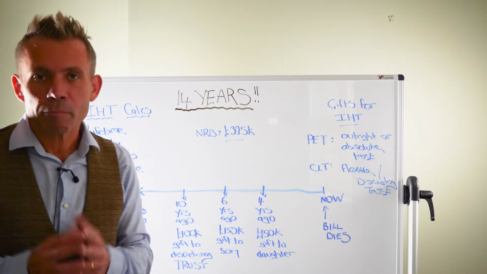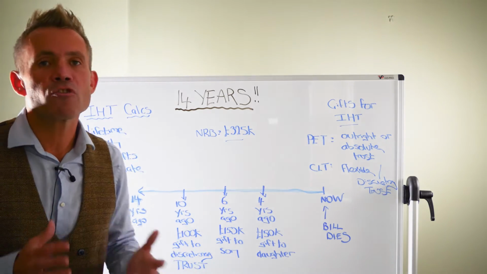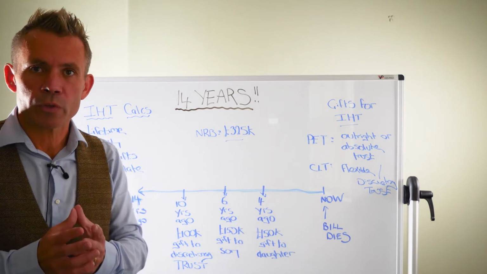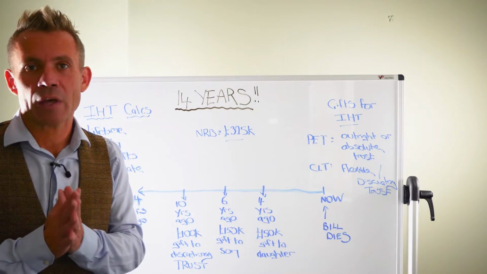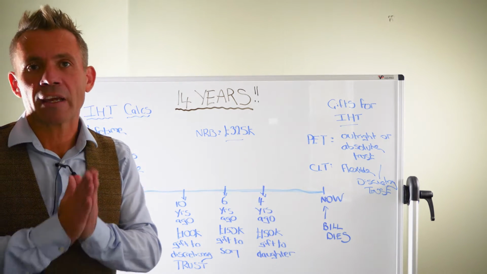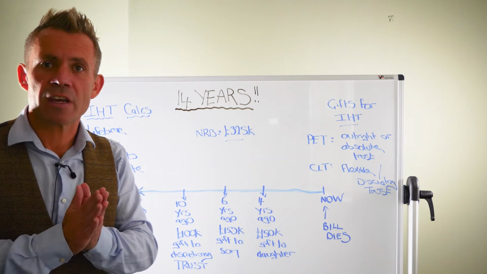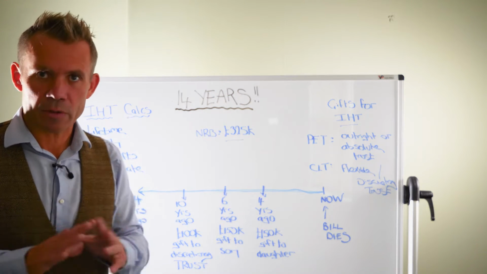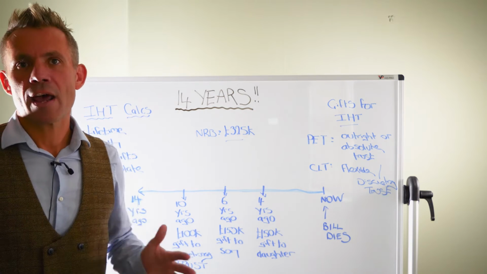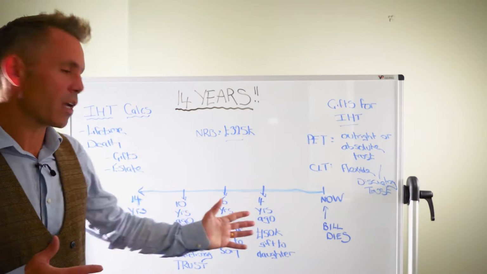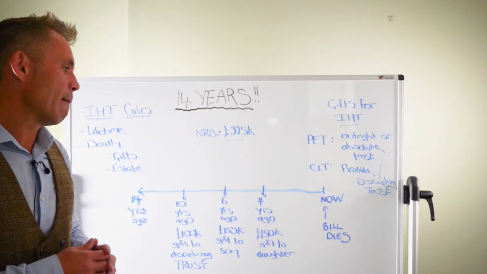At that time, Bill decides to give another £150,000 to his daughter. Again, that's a potentially exempt transfer. Bill's thinking, as long as I survive the 7 years, that £150,000 is outside my estate. So in his lifetime there's no inheritance tax to pay as we go along this chronology.